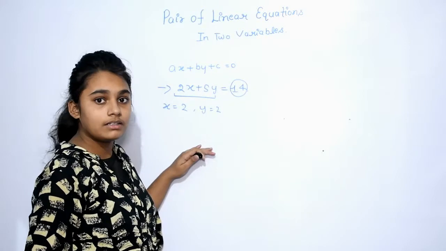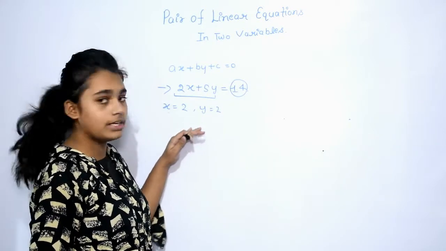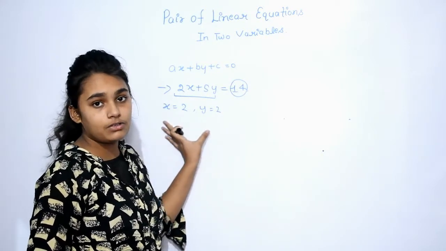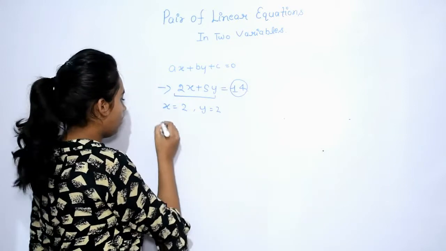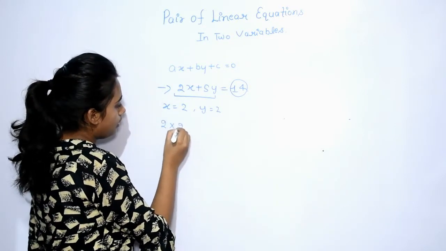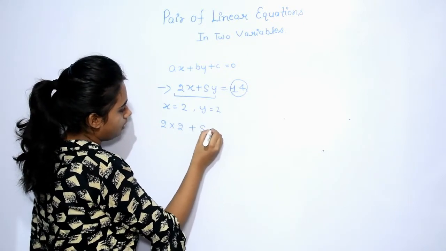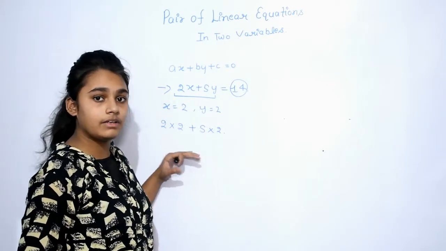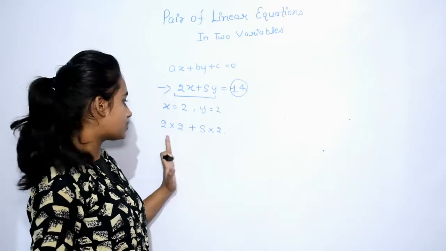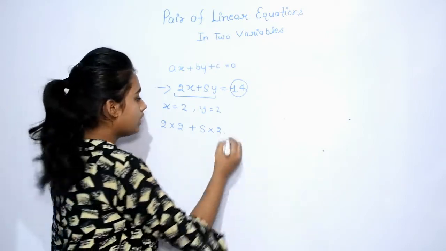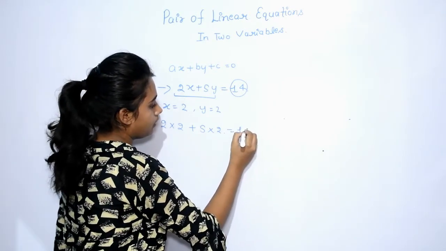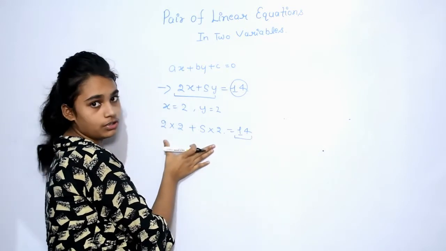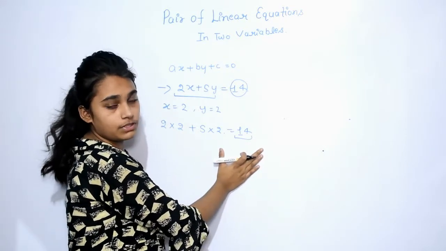By solving these types of questions, we should take the values of x and y. Now I am solving how to do this. See, I am putting the values of x and y as 2 and 2, and we should get 14, which is equal to the RHS.